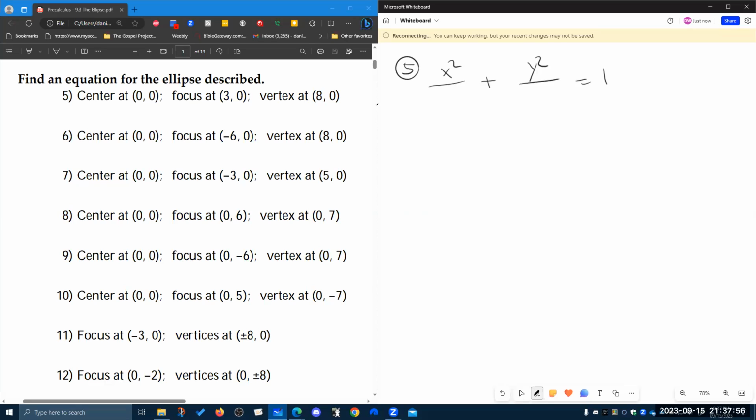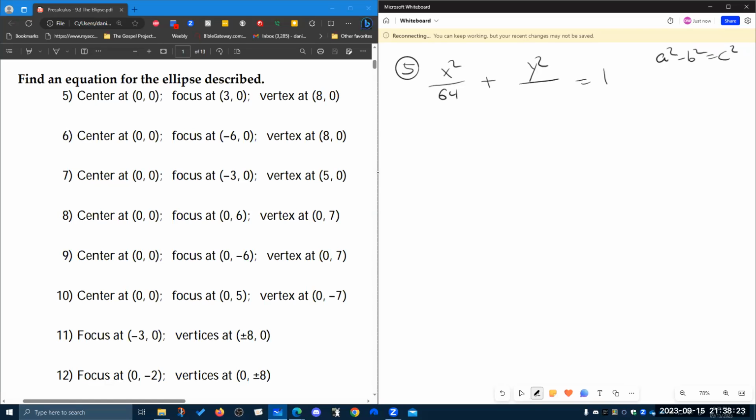We have a vertex at 8 here. So this is 64. Down here is 8 squared. 64 plus 9. Let's do this. We have a squared minus b squared equals c squared.